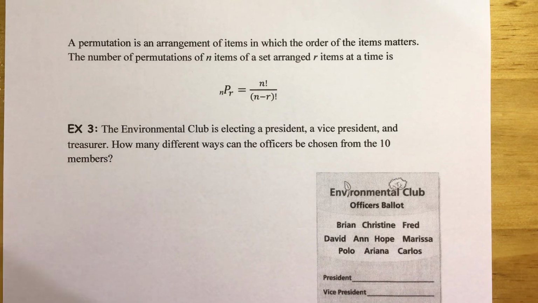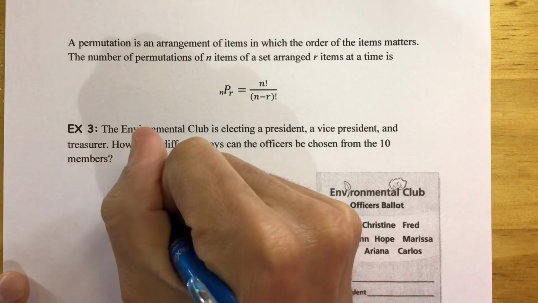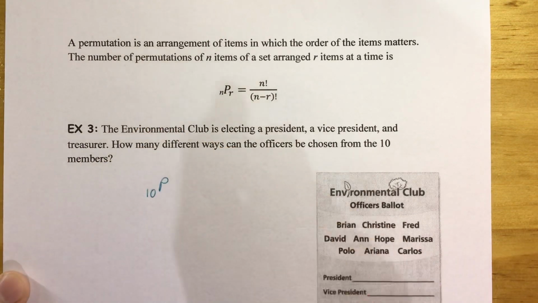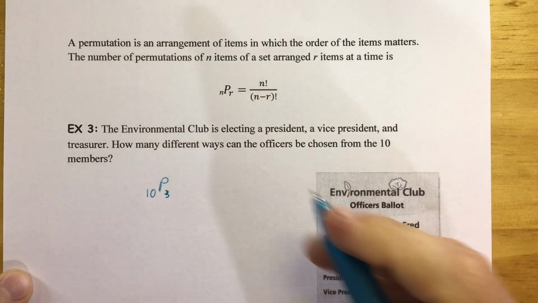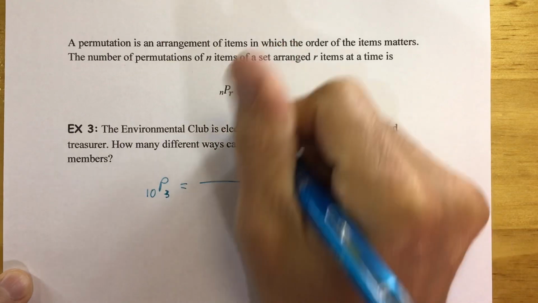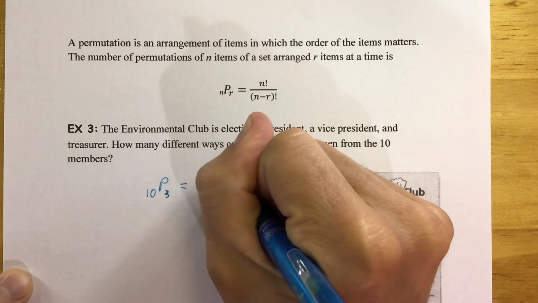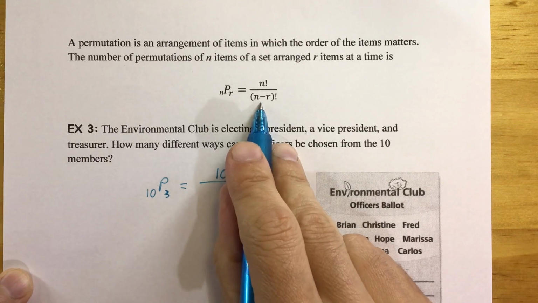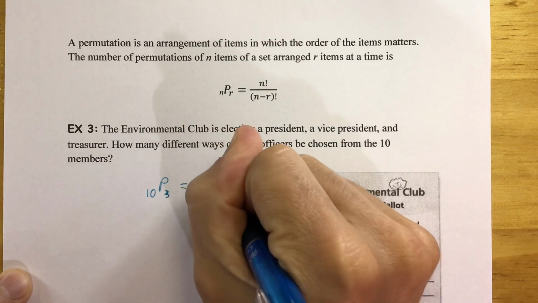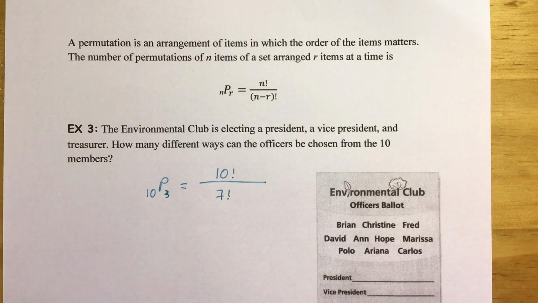Once you have that figured out, the math is pretty straightforward. We have 10 people. We're doing a permutation where we're choosing 3 people from there. You've got n factorial, which is going to be 10 factorial. The bottom is going to be the difference between these two, which would be 7 factorial.